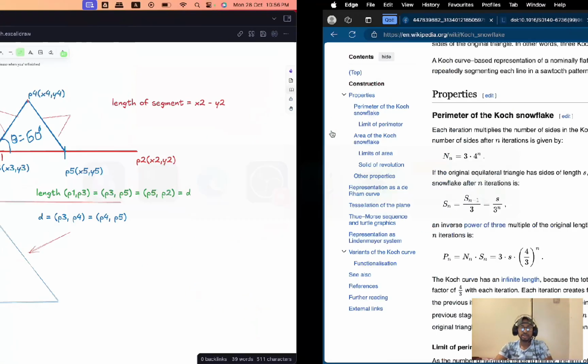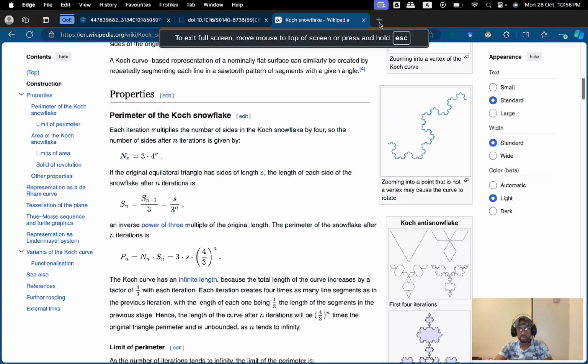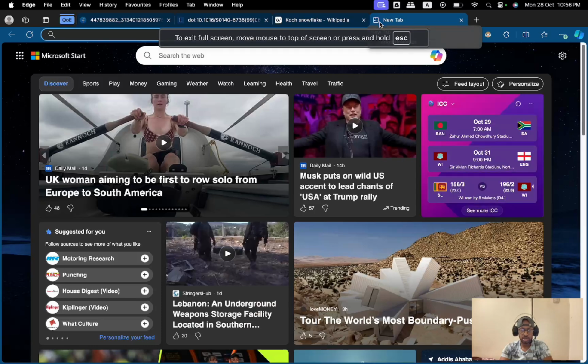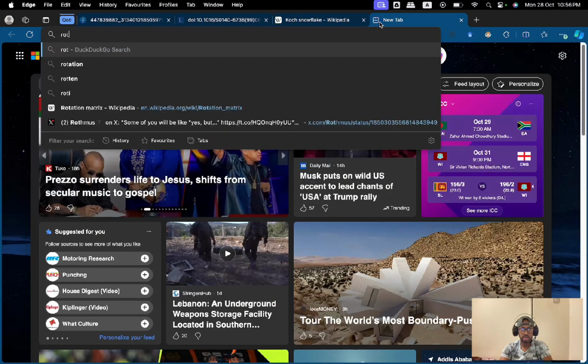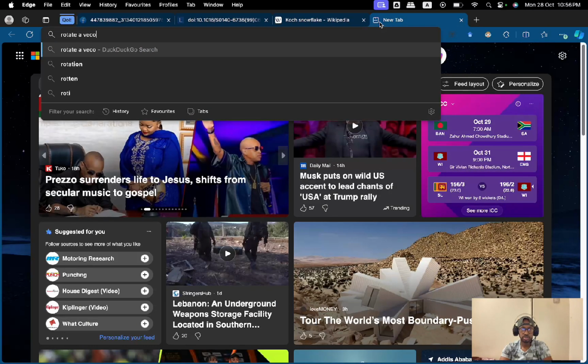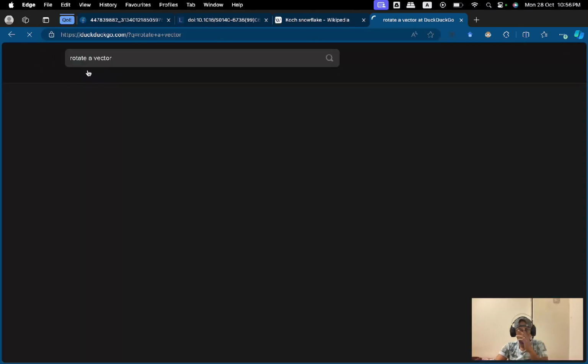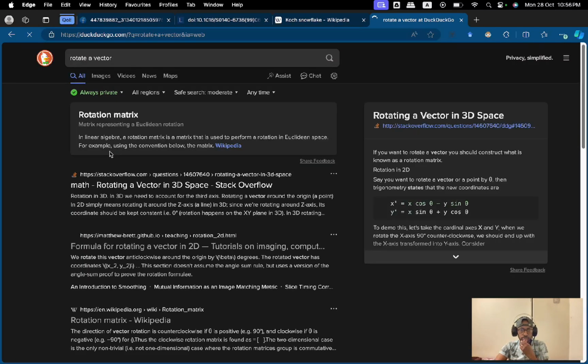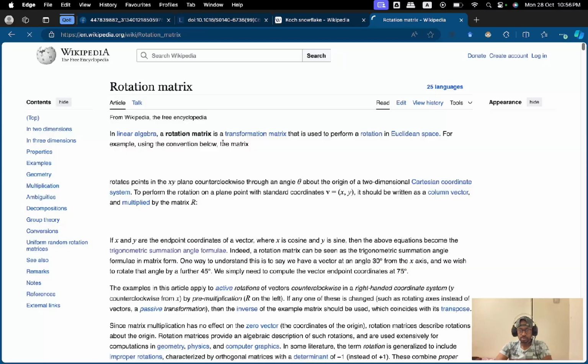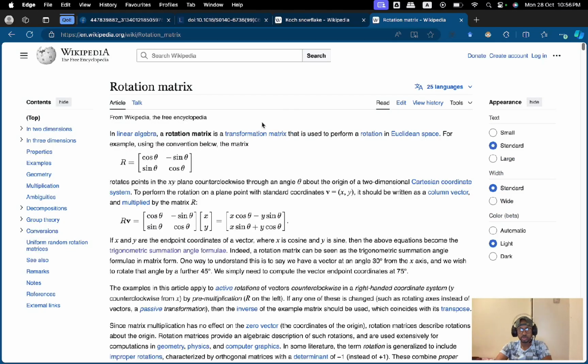So how do we rotate a vector? To rotate a vector, we can employ something called a rotation matrix.